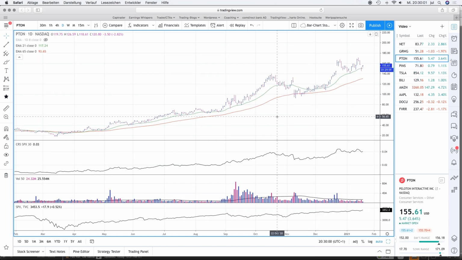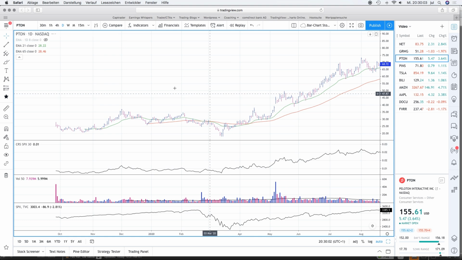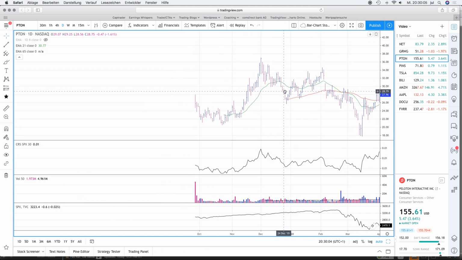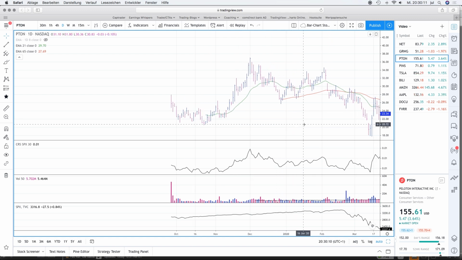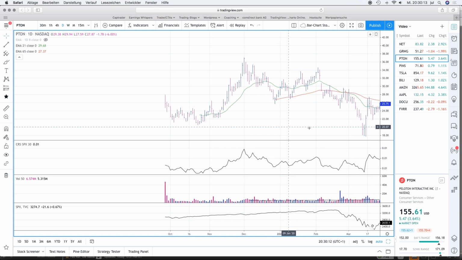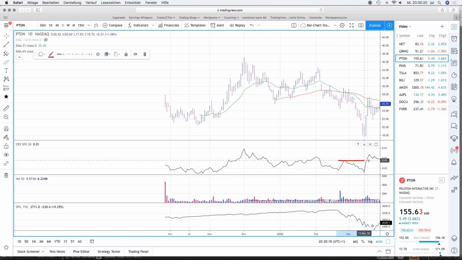Peloton is another example I want to show you during the correction here. You can see a very similar behavior in comparison to Cloudflare. You can see that the RS line on that move here is printing a new relative high.